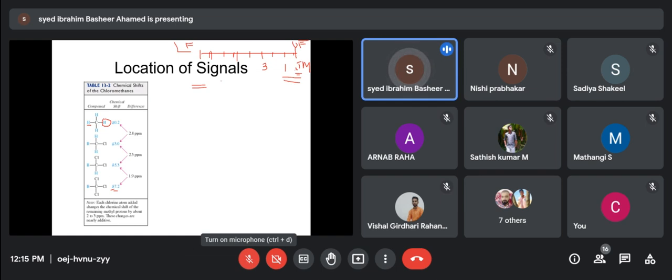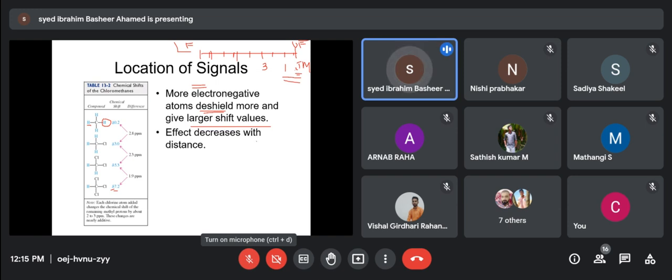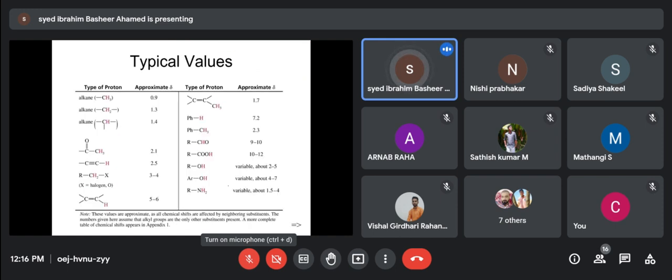More electronegative atoms de-shield. The more electronegative the atom, the more it de-shields and gives a larger shift value. The effect decreases with distance, and additional electronegative atoms cause an increase in chemical shift.